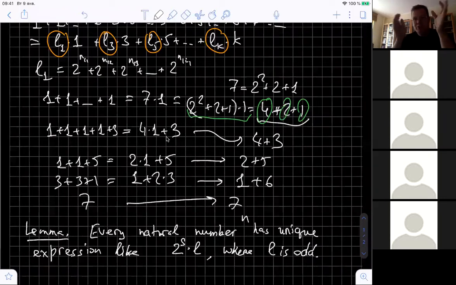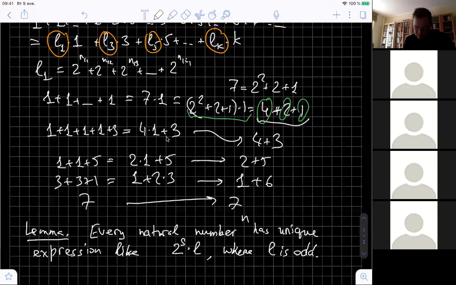So for each number n, I have a unique decomposition where I put in the maximal power of 2 that I can get from this number, and then the remaining number will be odd.